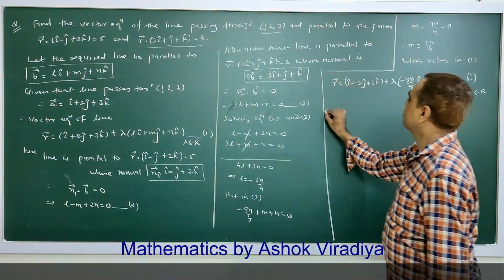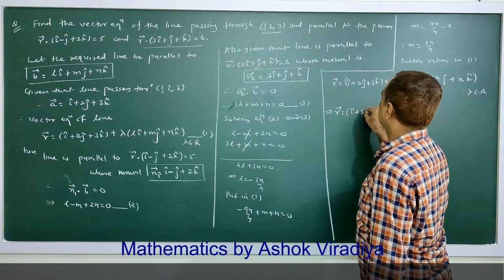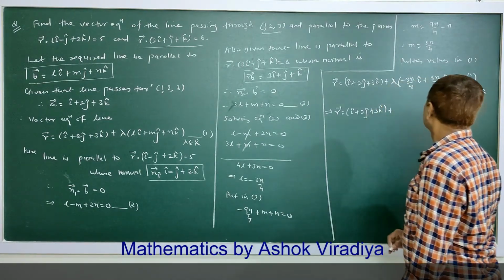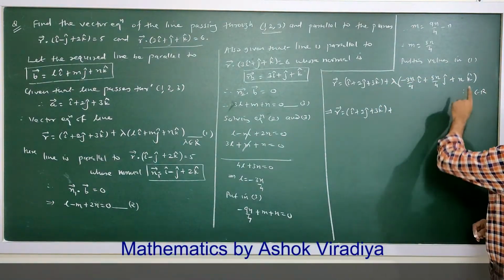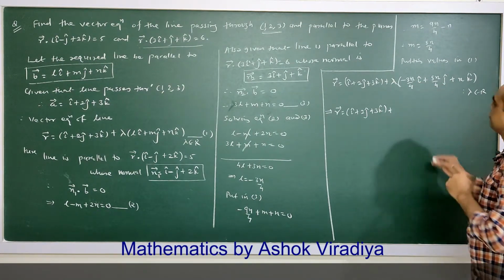This means, now putting this in simple form, vector r is i plus 2j plus 3k plus. Now see, here n is common and we are taking 4 as LCM.